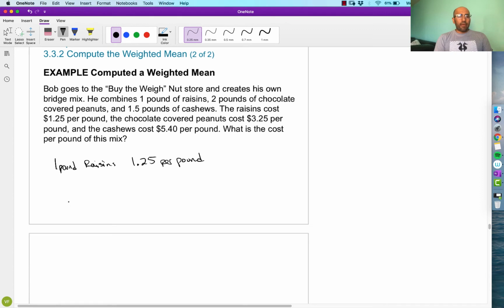And then we had 2 pounds of chocolate-covered peanuts, and the chocolate-covered peanuts cost $3.25 per pound.